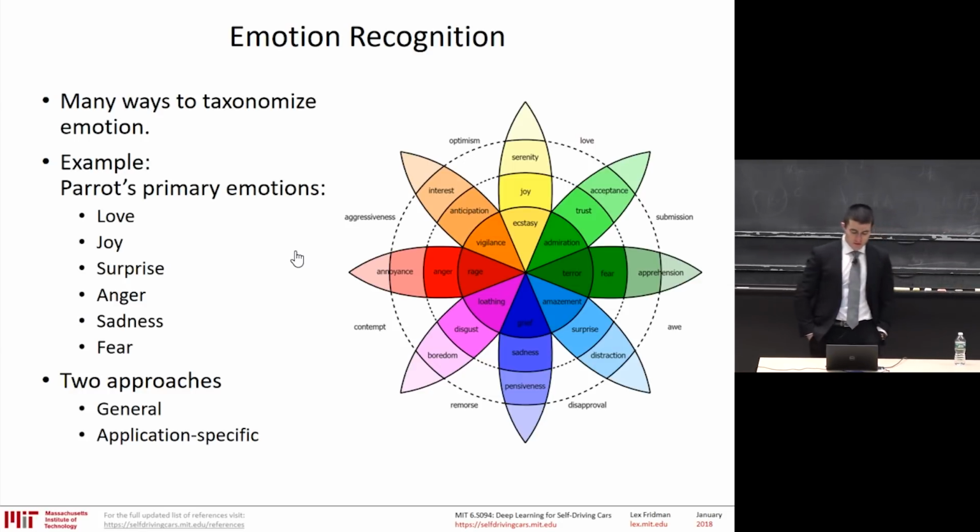Whether that's the primary emotions of the Paris scale with love, joy, surprise, anger, sadness, fear. There's a lot of ways to mix those together, to break those apart into hierarchical taxonomies.